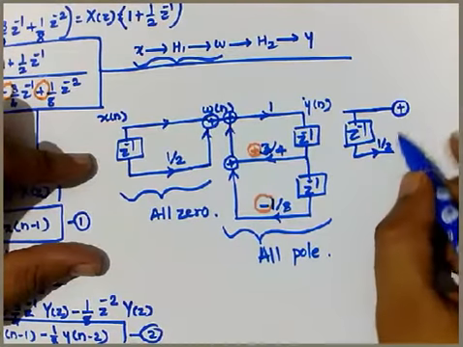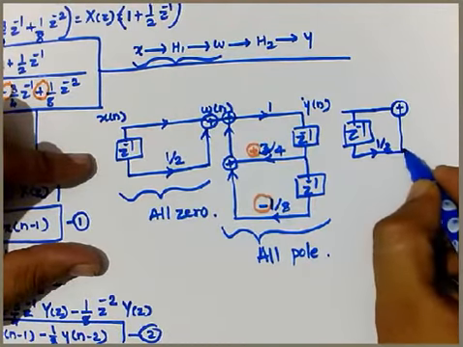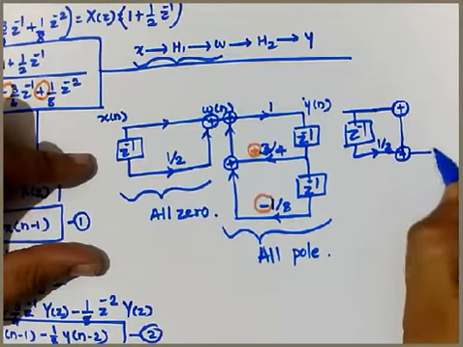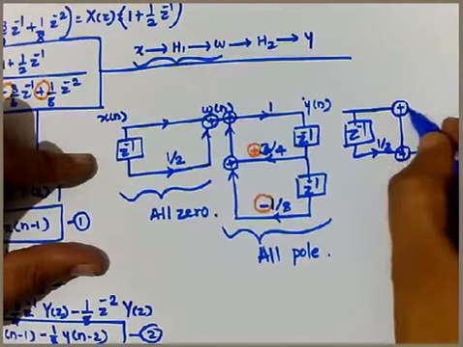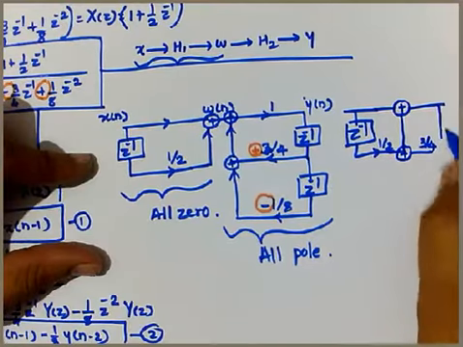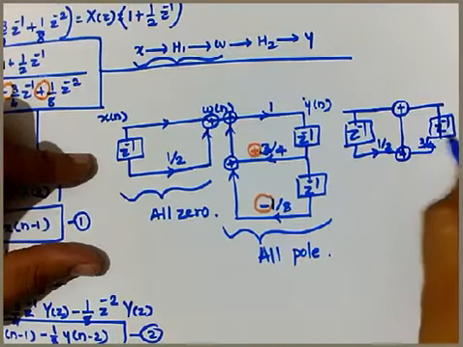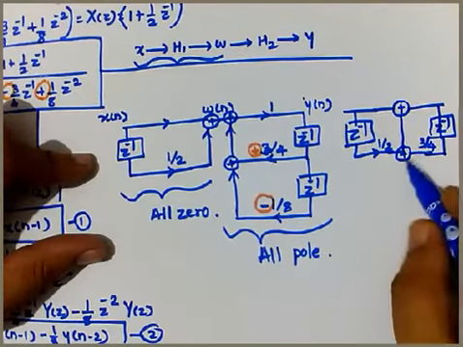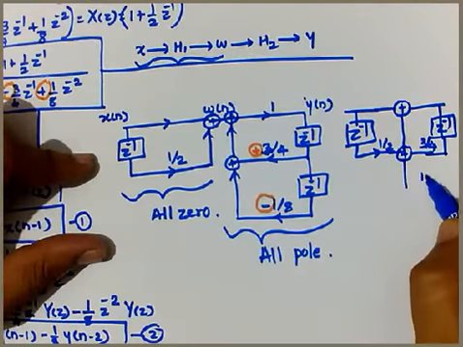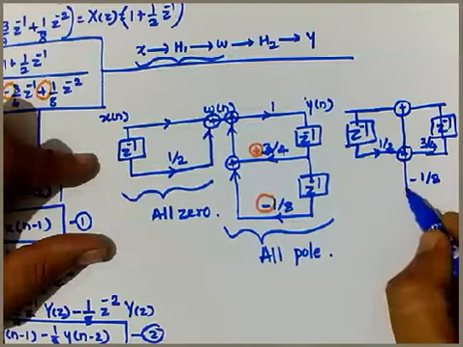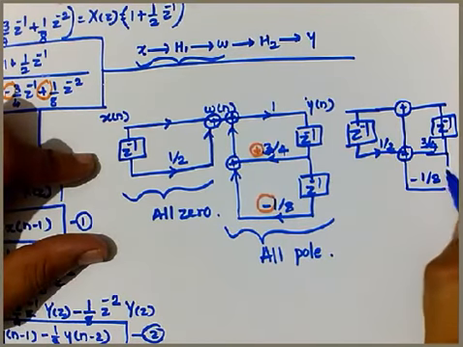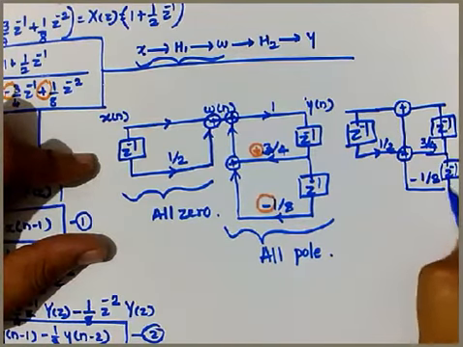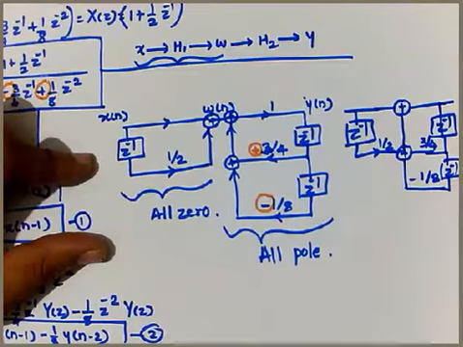This is the single adder block. This is the second, that is 3/4. This is y(n), z inverse. This is nothing but minus 1/8. So here it is z inverse. Like this it will be completed.